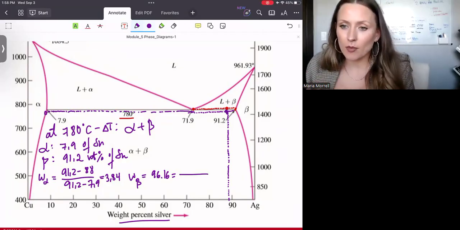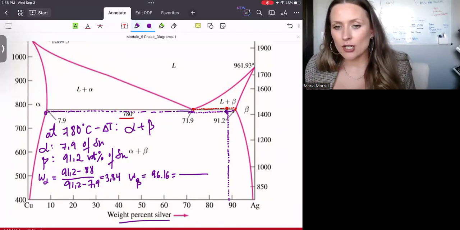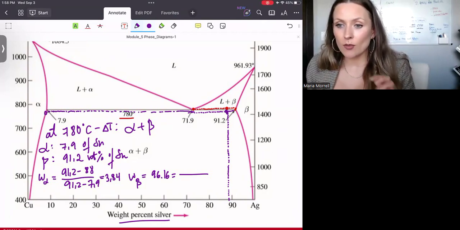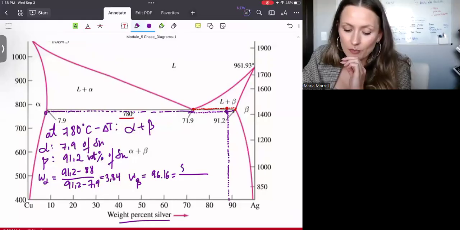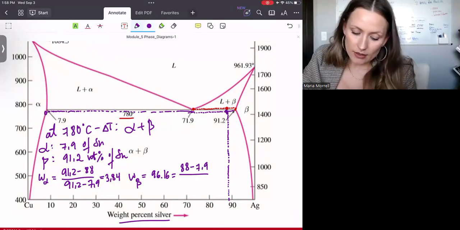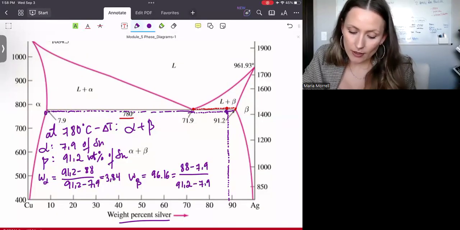Okay, so now let's double check. Let's see if we can come up with this number. I'm looking at the fraction of phase beta, so I'm going to be using the opposite end, right? And that will give me 88 minus 7.9, and the denominator remains the same, 91.2 minus 7.9.